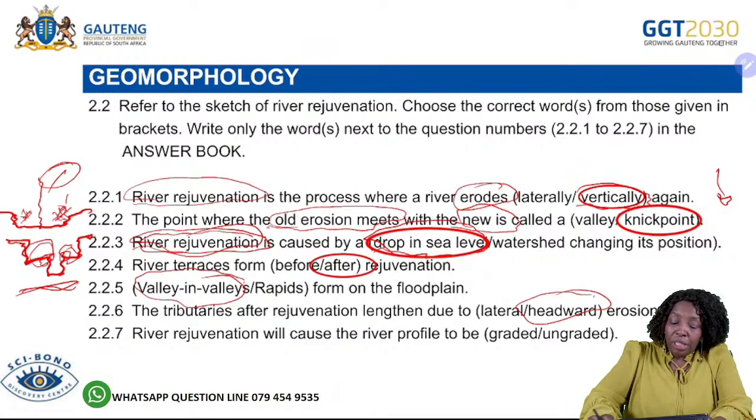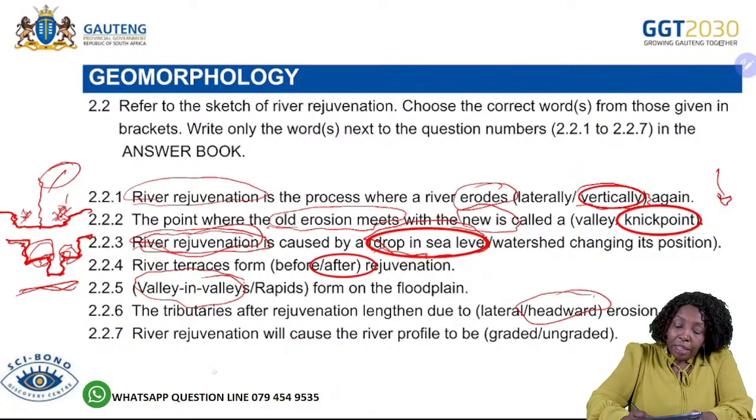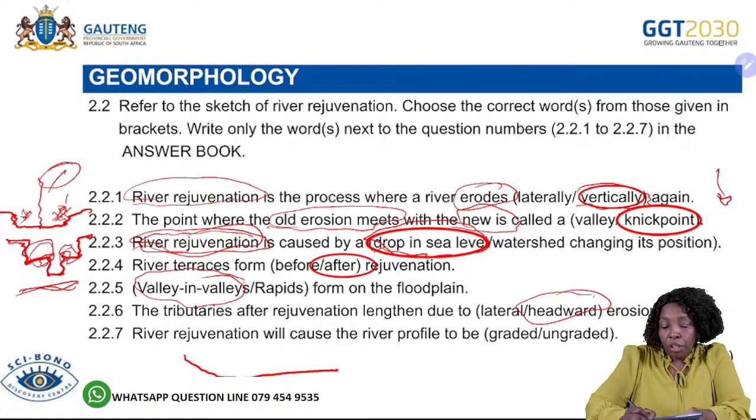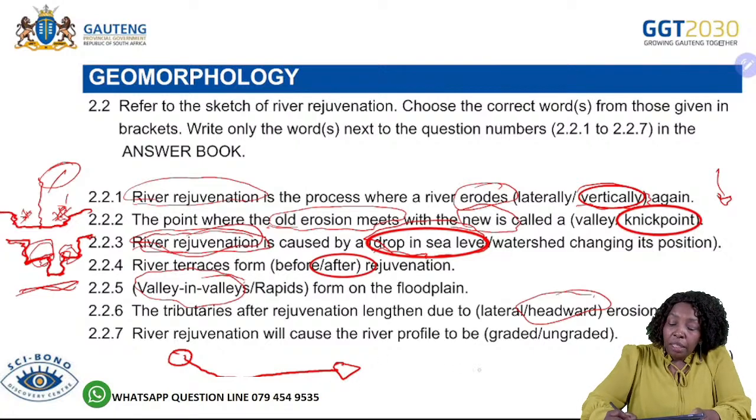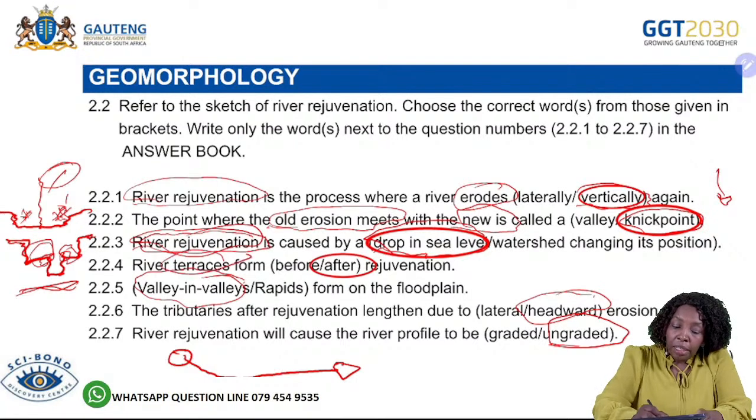A graded river would have a smooth concave shape from the source to the mouth. But if we talk about an ungraded river, remember we have mentioned formation of landforms such as nick points, terraces, valley within a valley.